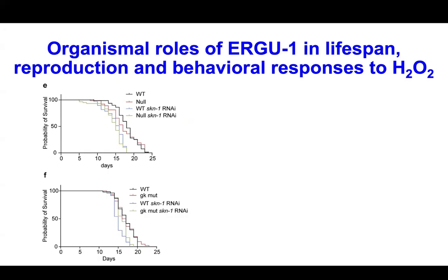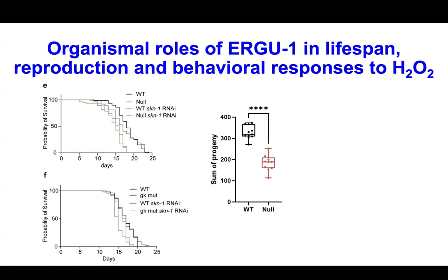And we also tested the oxidative stress condition, and they are comparable to wild type as well. And we confirmed this also under the knockdown of skn-1, which is an NRF2 homolog. When we abolished the antioxidant transcriptional response, we still see comparable response on phenotype in the mutant compared to wild type.